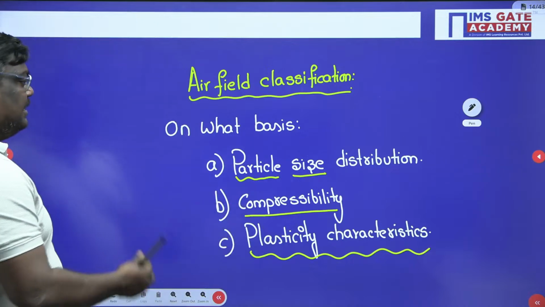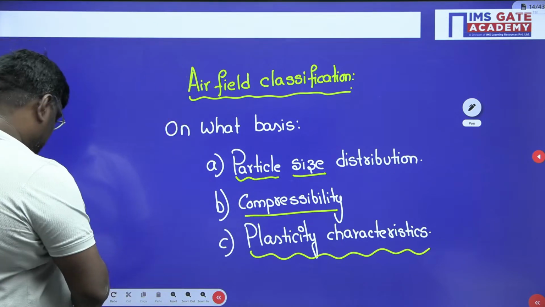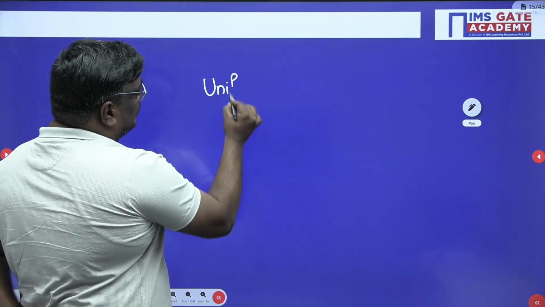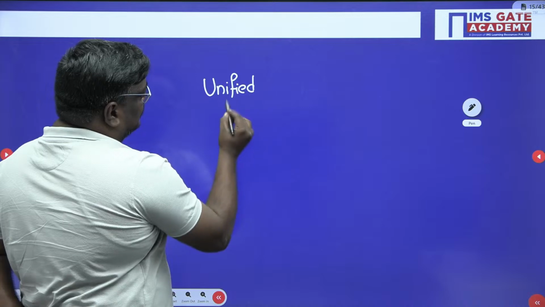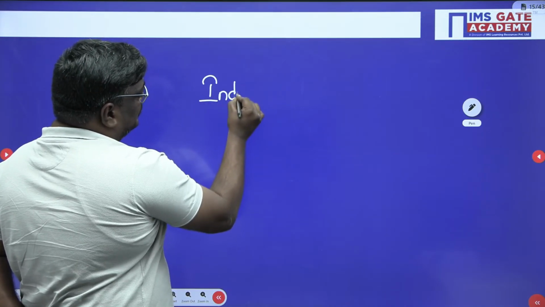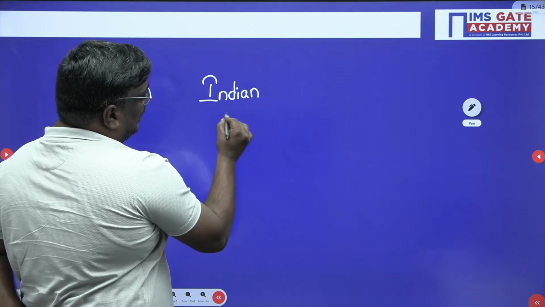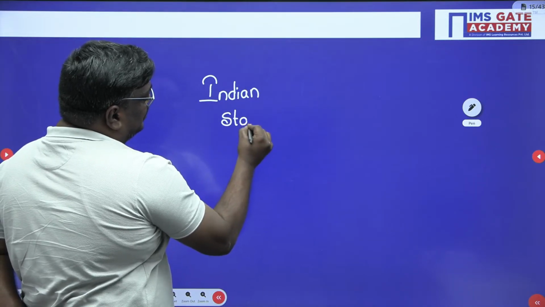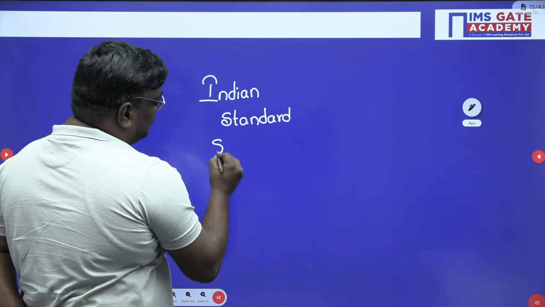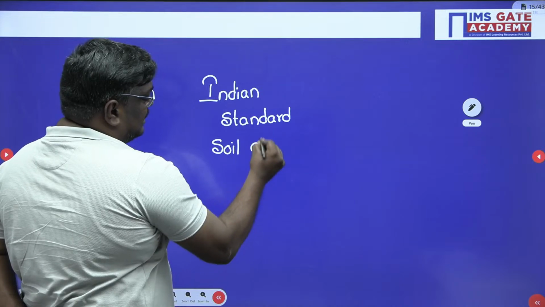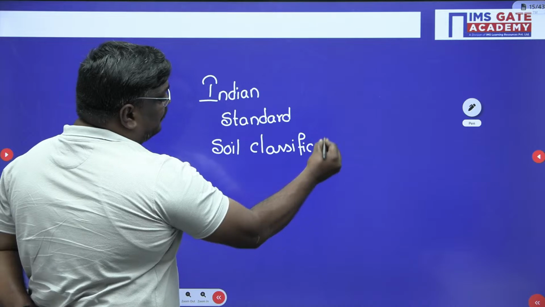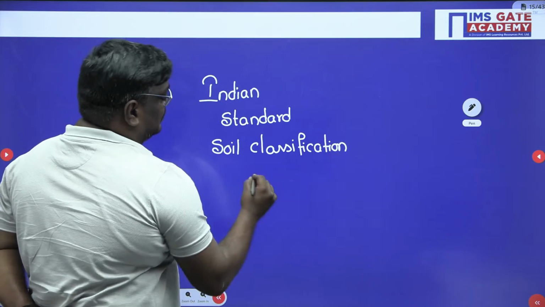And remember, my dear students, we have another system called Unified Soil Classification System. Sorry, Airfield is also known as Unified Soil Classification System. And we also have the Indian Standard Soil Classification System. Now remember, the Indian Standard Soil Classification System is also derived from the Unified Soil Classification System.